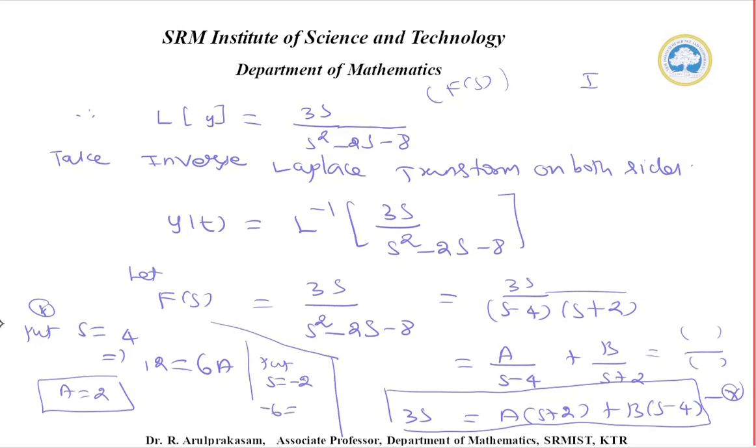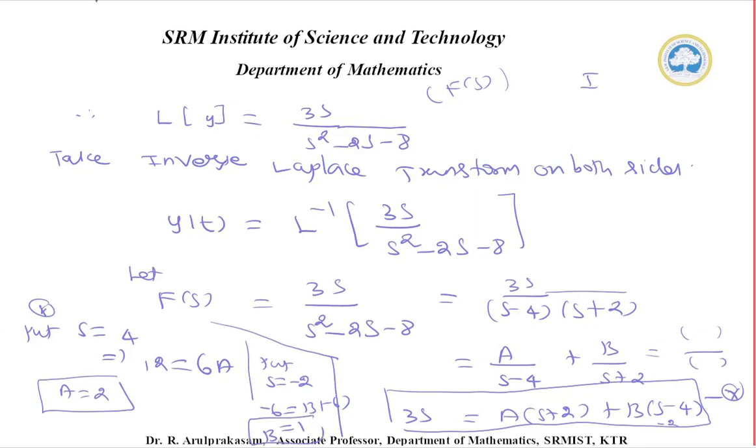Here minus 2 into 3 is minus 6. Here this term will be 0. This is nothing but minus 2 minus 4, so I am substituting minus 2, so here minus 4 minus 6. So b into minus 6, and my answer b is equal to 1. So I got the a value 2 and b value 1.